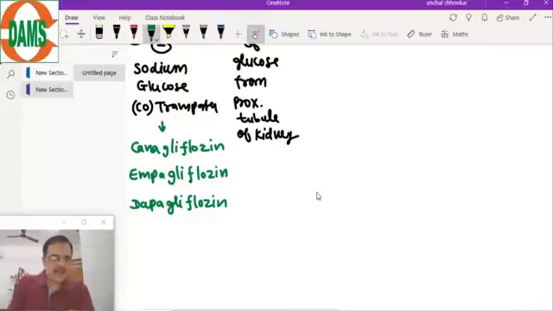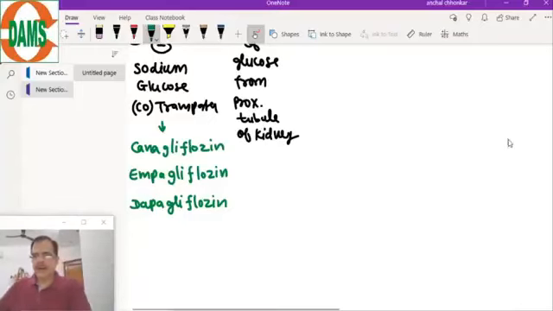These are the gliflozin group of drugs known as the SGLT2 inhibitors. Now, the mechanism of action is they lead to decreased glucose reabsorption from the kidney. It will not come back into the blood, so it will be excreted in the urine.